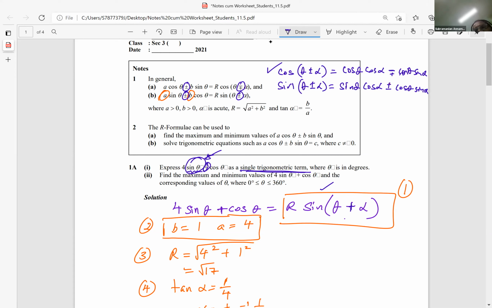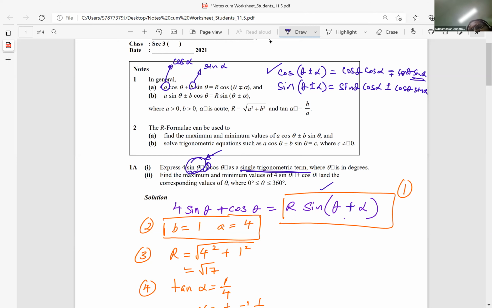So what is this? Let's take cosine first. This is your sine alpha. What is this? This is your cosine alpha. So sine alpha over cosine alpha will give me this. Do you agree? I hope you can see the relationship.